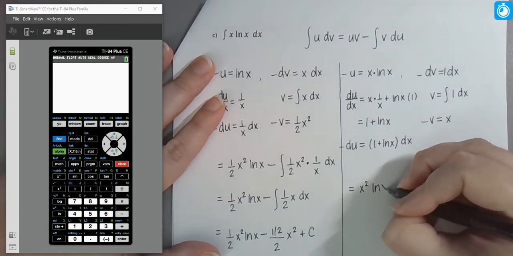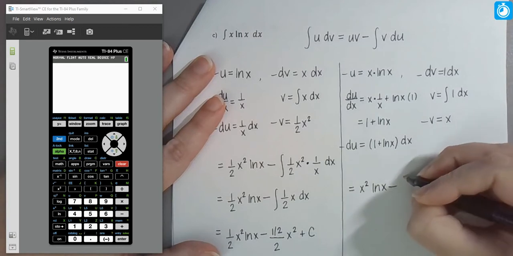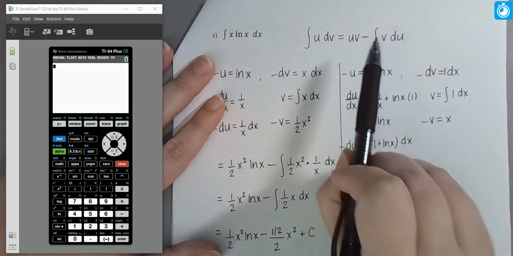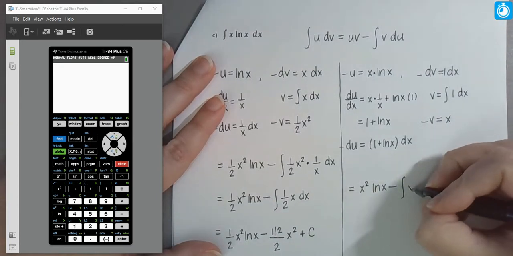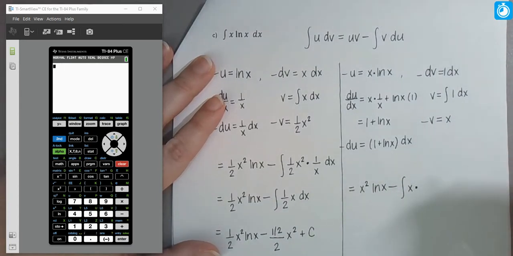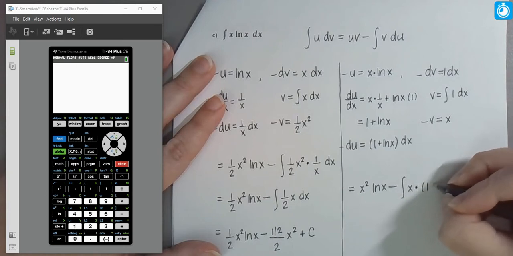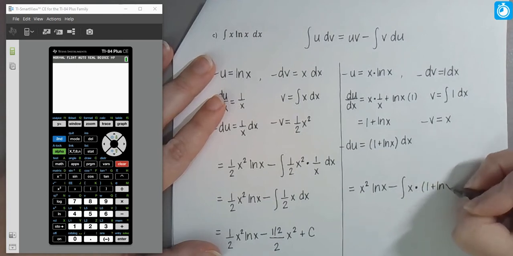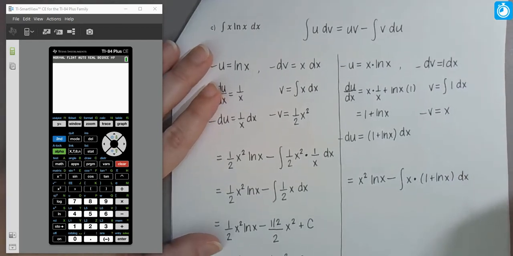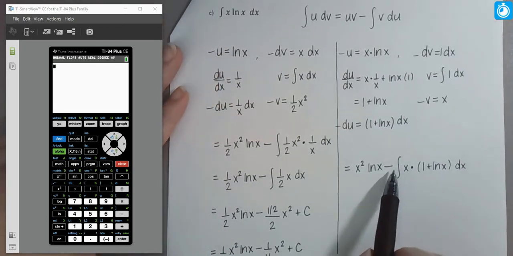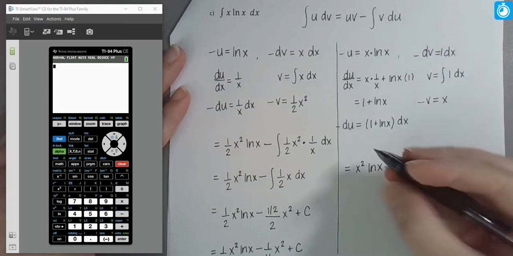And then our natural log of x minus our new antiderivative, the one we're really interested in. So v is going to be x times du, which is going to be 1 plus the natural log of x dx. So the focus is now on what do we do with this antiderivative.